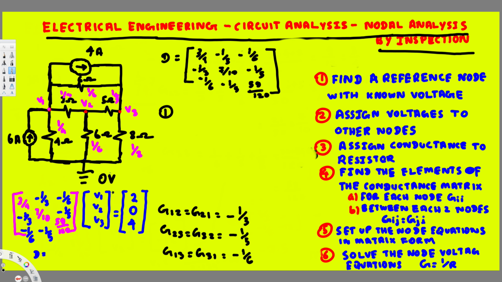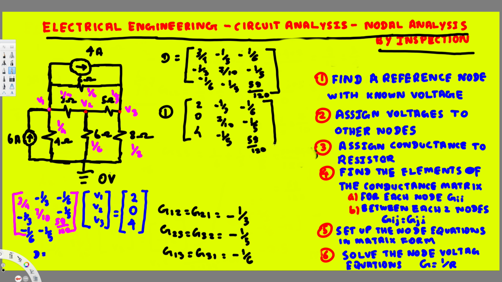First we find this determinant, and then, to find voltage 1, we swap the constants column with the first column. So it looks like this: 2, 0, 4, and the other values remain the same: minus 1 over 3, 7 over 10, minus 1 over 5, and the third column is minus 1 over 6, minus 1 over 5, 59 over 120.